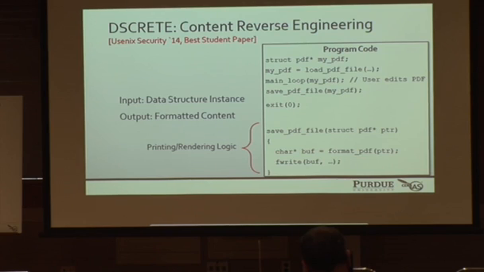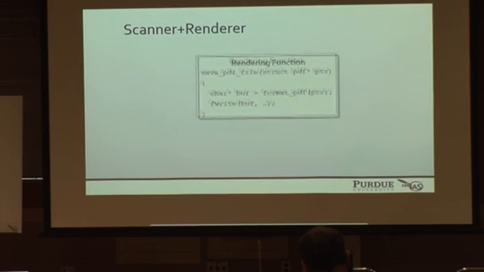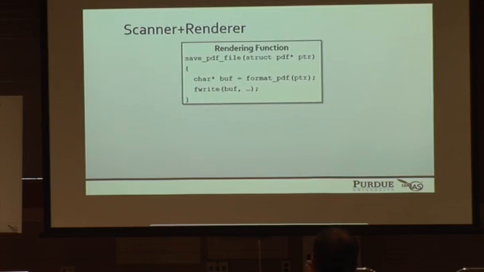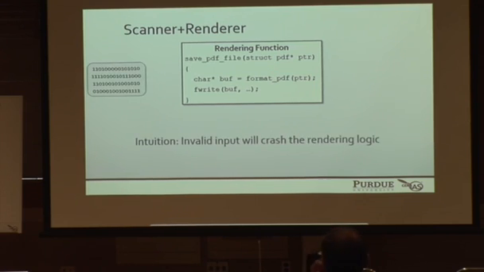The idea behind DSCRETE, and what we did, was remove that piece of code that actually renders the PDF data from memory and turn it into what we call a scanner plus renderer. The intuition behind a scanner plus renderer is that this formatting code must be very complex. It has strong assumptions on the input, that PDF data structure.